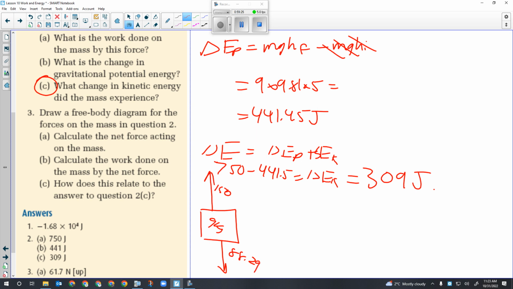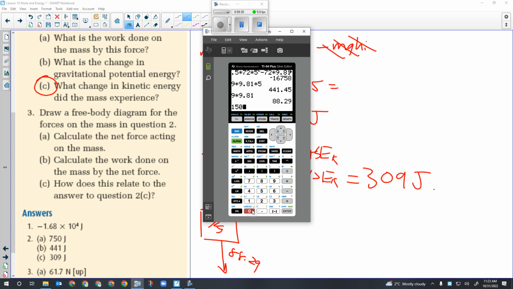So can I get my net force? That's my net force. How far did that net force act over? 5 meters.